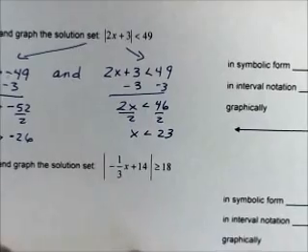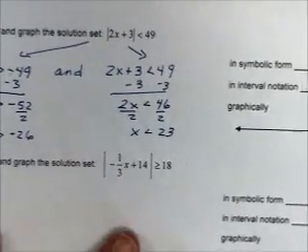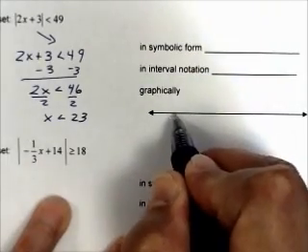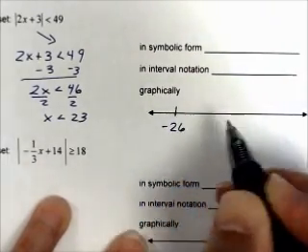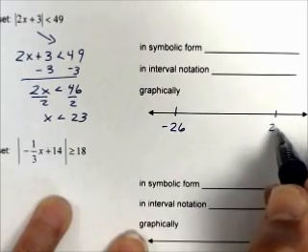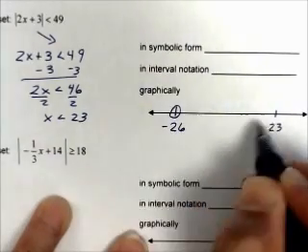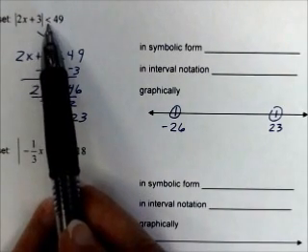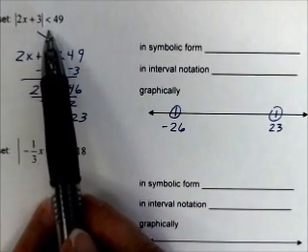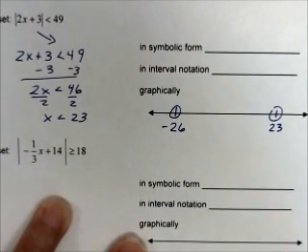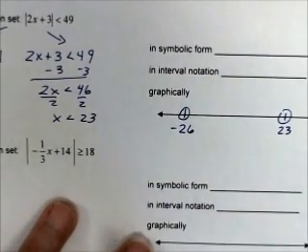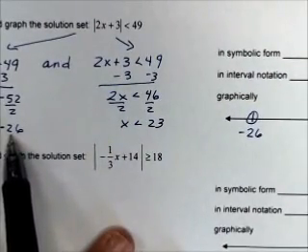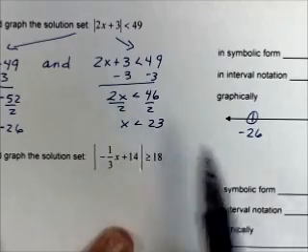Now let's take those two values, the 23 and the negative 26, put them on the number line. That's just my preference to write it graphically first. Circle each. Those circles remained open because it was simply less than, not a less than or equal to. And we need all values that are greater than negative 26 and less than 23.